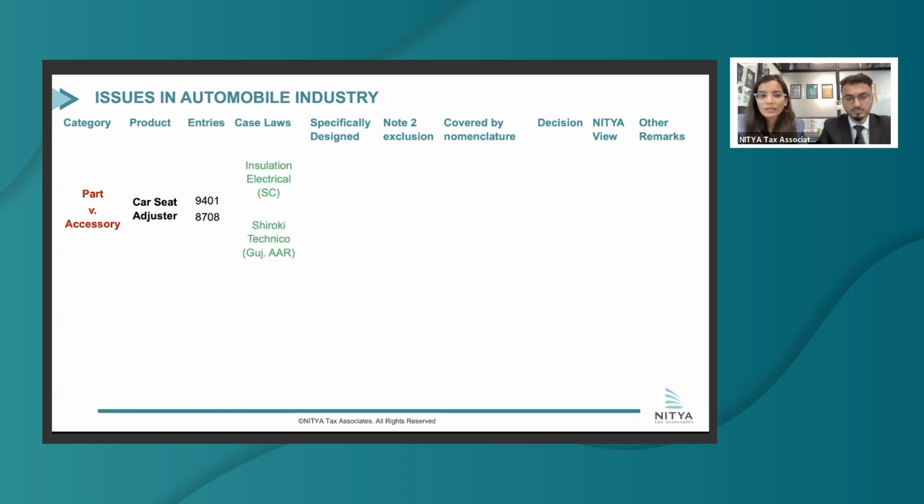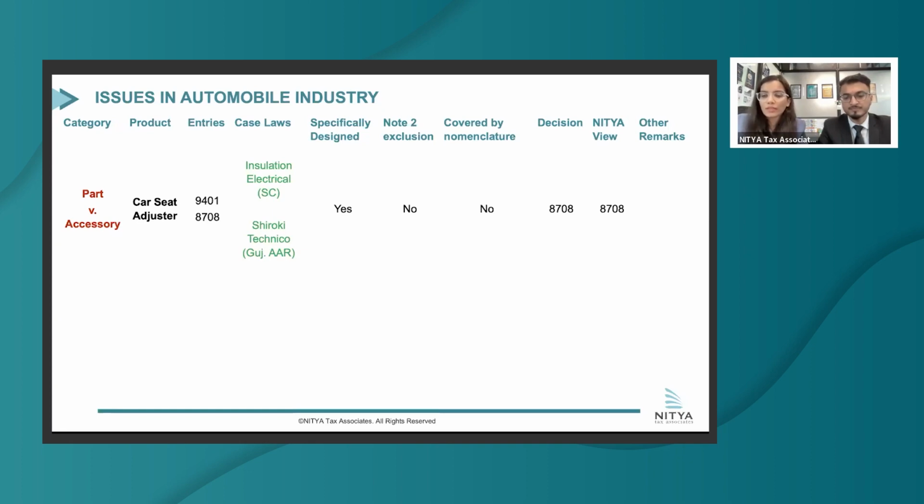So there have been judgments, and fortunately positive judgments in this regard, which say that the classification is 8708, and in our view also it should be 8708, because 9401 only covers seats and its parts, and the seat adjuster has been held by the Supreme Court and many ARs to not be a part, because this is not the essential element of a seat, but more of an accessory that you can use for better use of the seat.